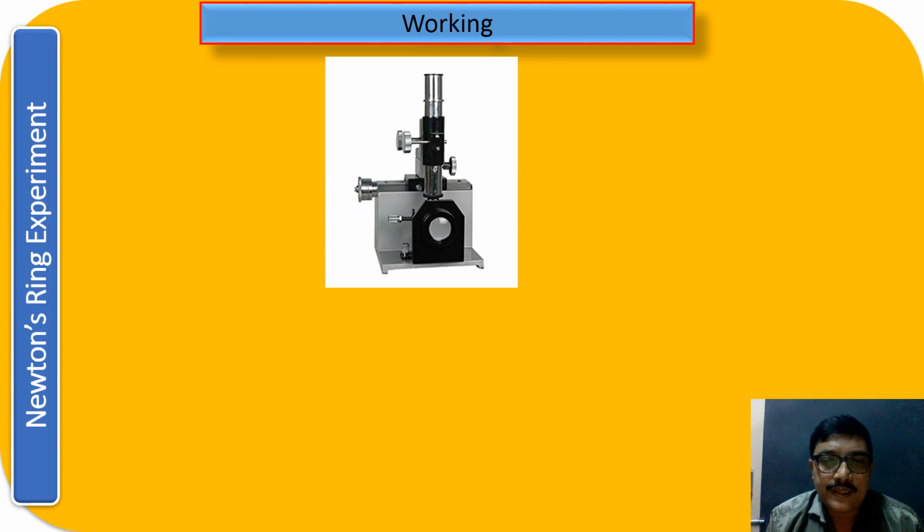Right, now you see here, for working you require a traveling microscope. This traveling microscope moves along one direction. This is a one-dimensional traveling microscope, right? Here you can see the head scale, and here you can see the pitch scale. This is the eyepiece.